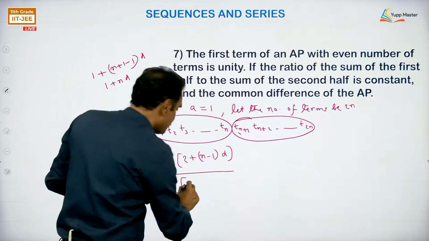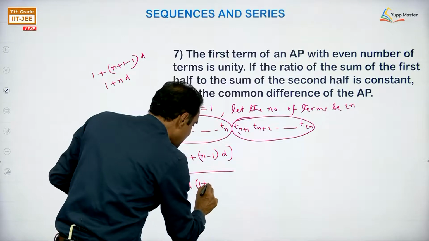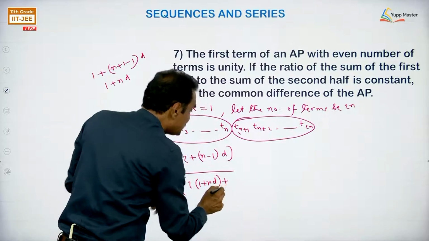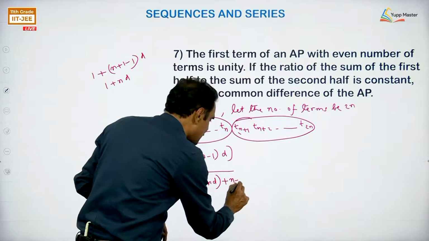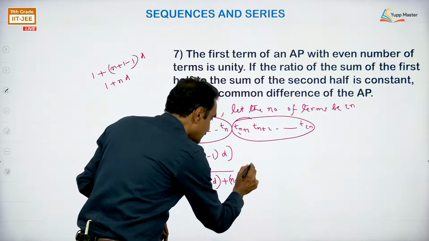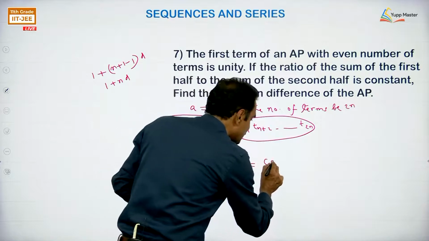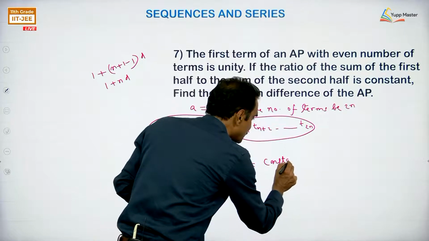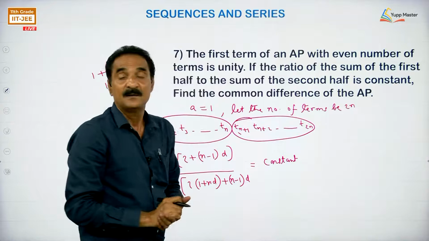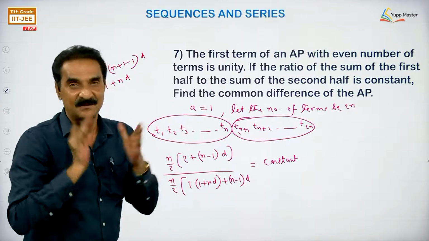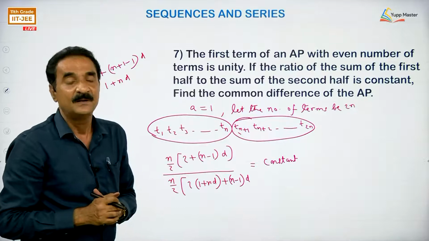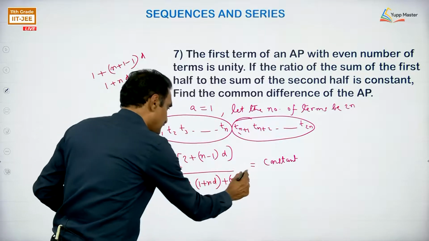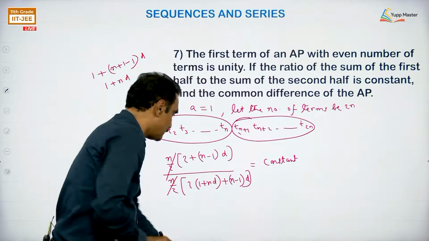2 times 1 plus nd plus the number of terms is n, so it is n minus 1 into d. This is constant. Constant means what? It is independent of n and independent of d also, of course. Let us cancel n by 2.